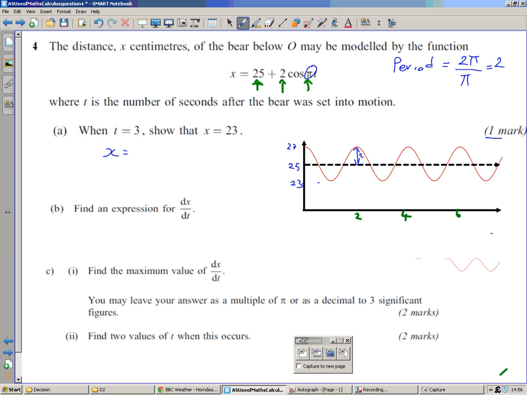We've got x equals 25 plus 2 cos pi times 3, which is 2 cos 3 pi, so 25 plus 2 times minus 1, which is 23. But actually, we could have seen that quite easily from our graph. 3 there reads across from 23. So it's confirmed with our graph.